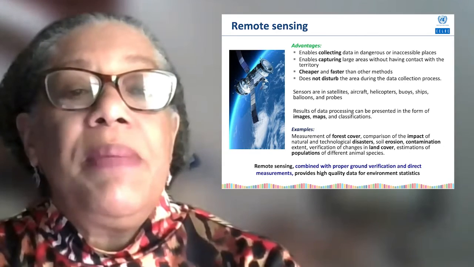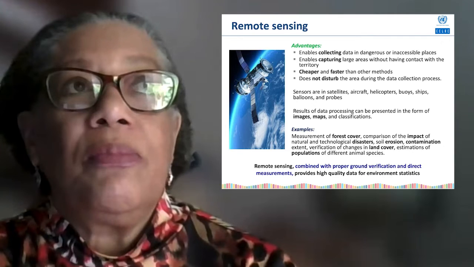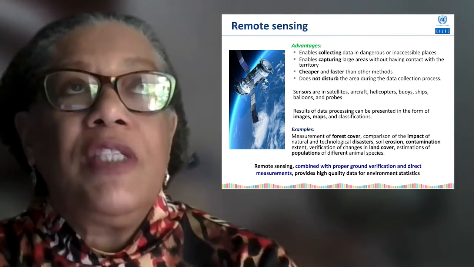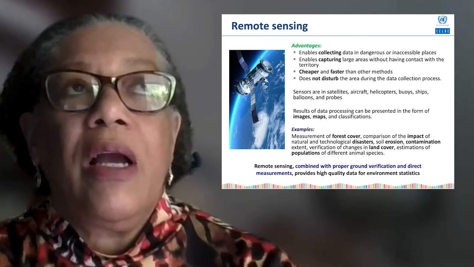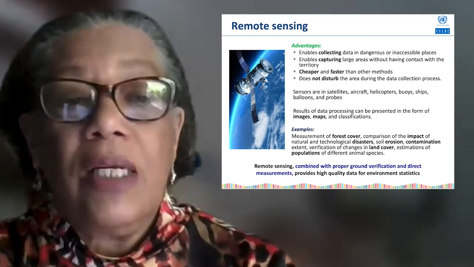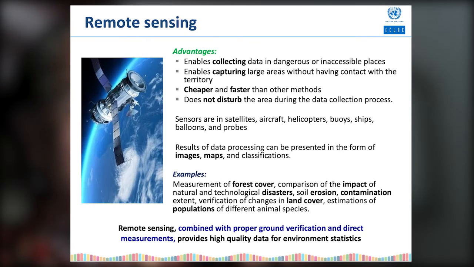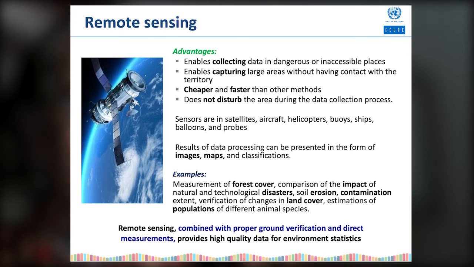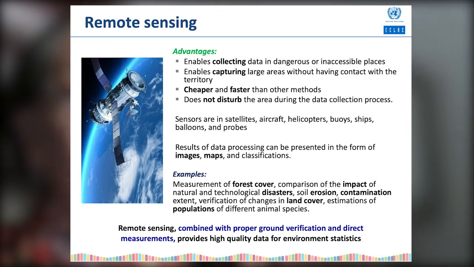It may be cheaper and faster to use remote sensing, and using this type of data does not disturb the area during the data collection process. Sensors can be included in satellites using aircraft, helicopters, buoys or ships, balloons, and probes. And the results of the data processing can be presented in the forms of images, maps, and classifications.